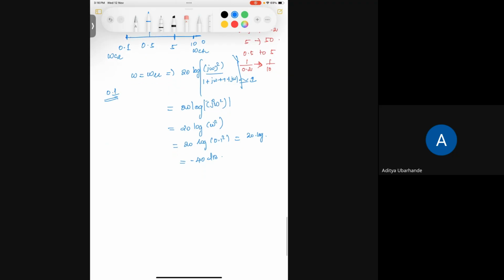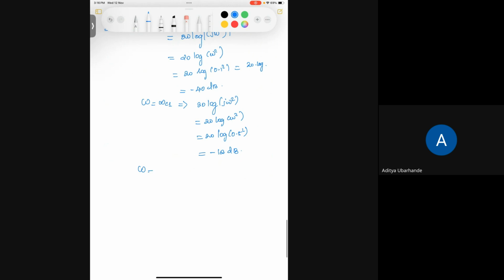Now, the first corner frequency is at omega equal to omega C1. I am going to calculate the same, because there is no change before this. So I'm going to keep it as 20 log of omega squared, which is 20 log of 0.5 squared. This will give me something around minus 12 decibels.